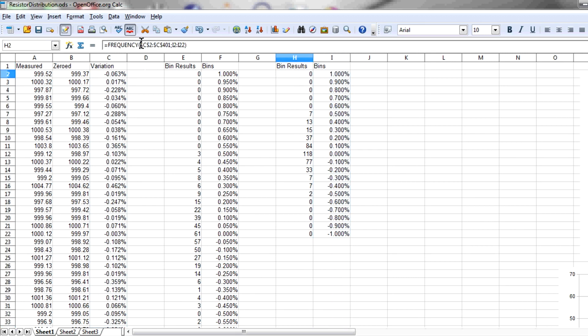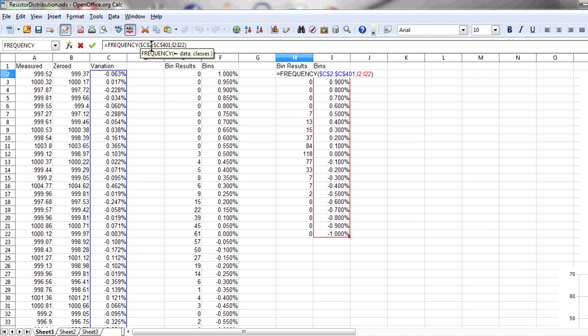The way you do this is you use the frequency command. It accepts 2 input parameters, and as you can see in the help pop-up here, it's got data. So the first part of this is the data set, in this case column C, and we want all of the data.